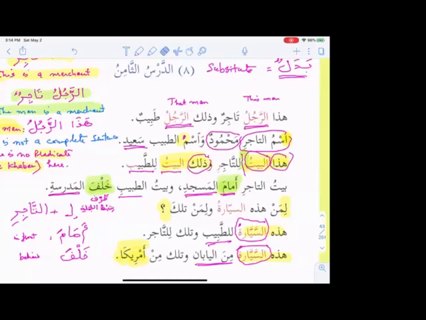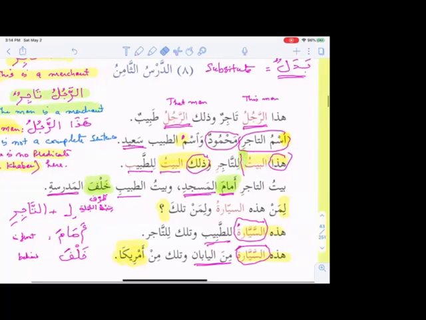So my brothers and sisters, see here, red. See here, red, red. And then here, hazihi. See, do you see? See, can you see the red?